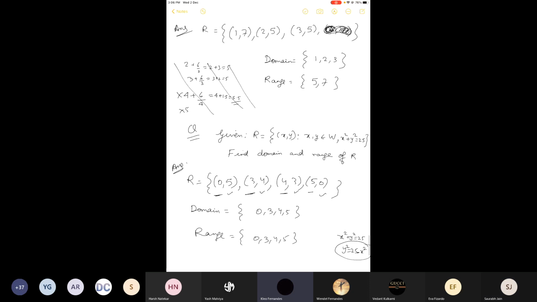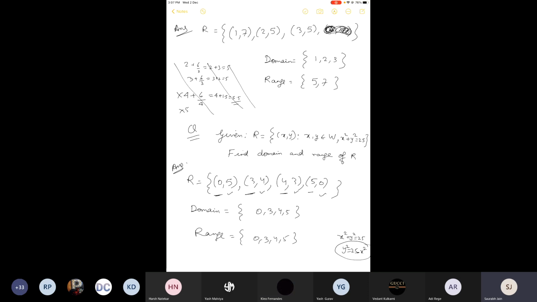Sir, I had a doubt about domain and range. While writing it, it should be in increasing order, right? No, it's nothing like that. Now you are asking me how to represent a set. What I said, ordering of elements is not important. Either you write 0, 3, 4, 5, or you write 5, 4, 3, 0, or you write 4, 3, 0, 5. It is all same. I told you this when we were studying the roster form.